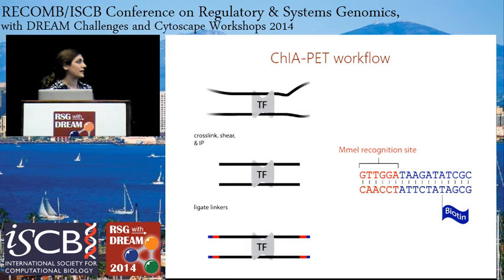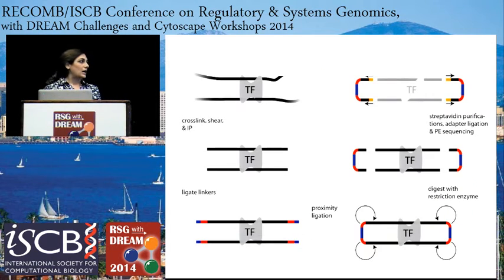These linkers had a recognition site for the MmeI enzyme and were also biotinylated. Then, in a very dilute reaction, we do proximity ligation and digest with the MmeI enzyme, and then we have fragments around 80 bp. Then we pull down with streptavidin beads, and then library prep and paired-end sequencing.